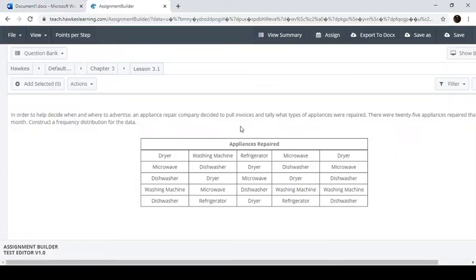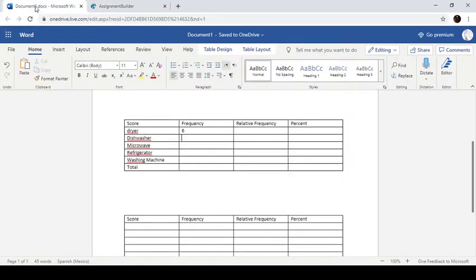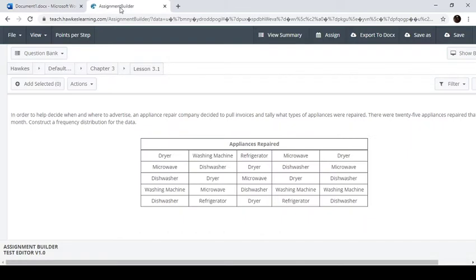Dishwashers. Let's see. 1, 2, 3, 4, 5, 6, 7. Okay, microwaves. 1, 2, 3, 4, 5. Looks like 5.